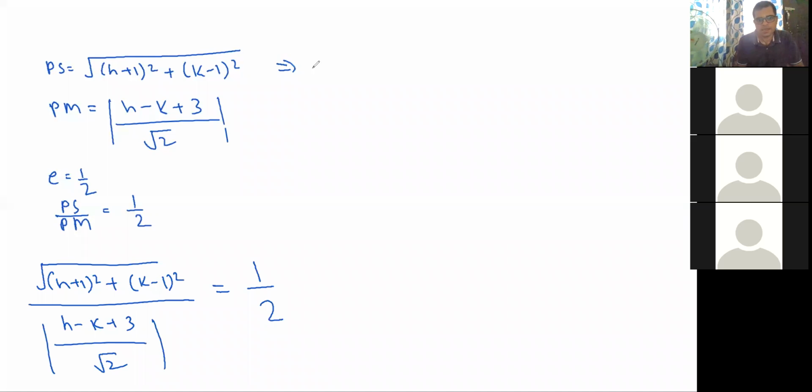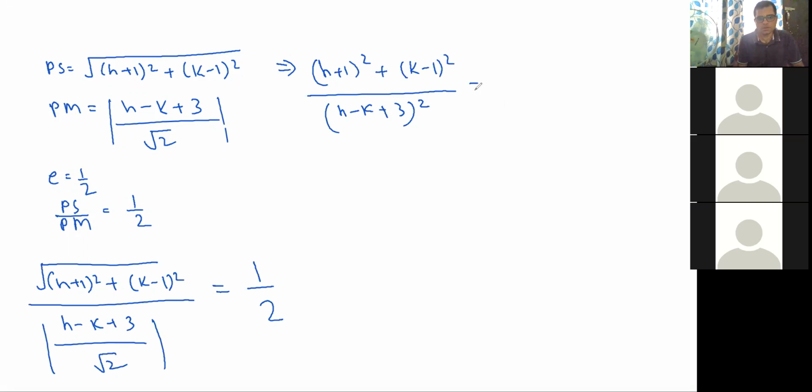Right hand side and left hand side, you square. So what will you get? (h plus 1) whole square plus (k minus 1) whole square, upon (h minus k plus 3) whole square, and the 2 will go up.